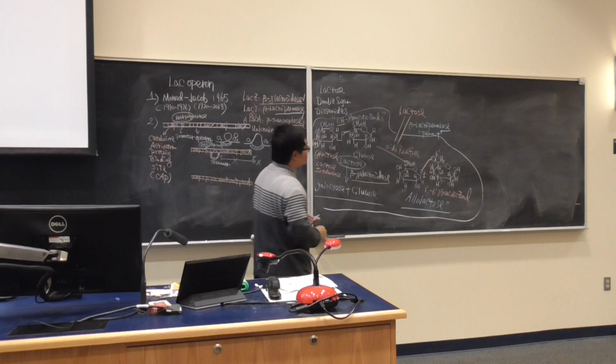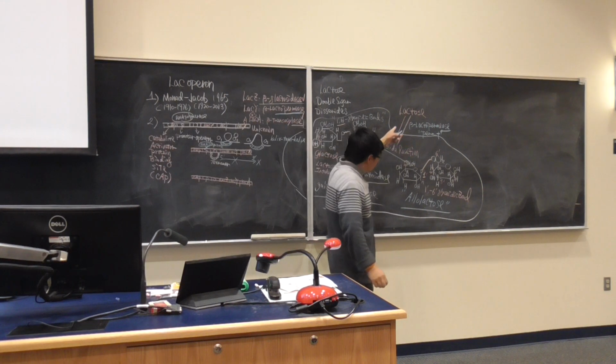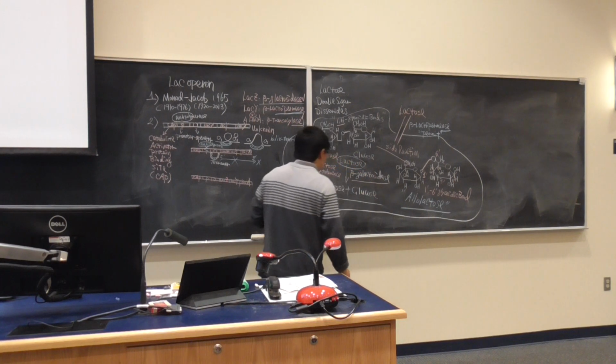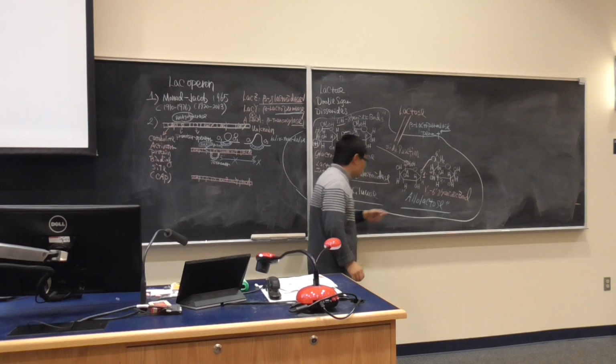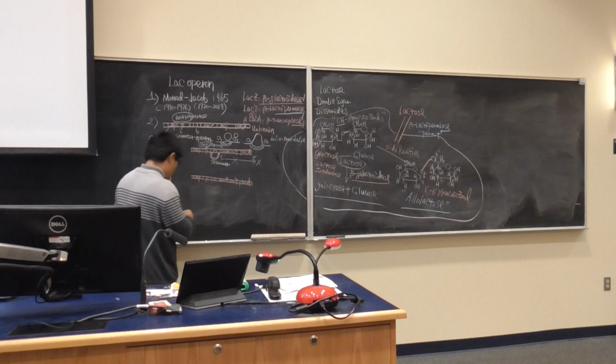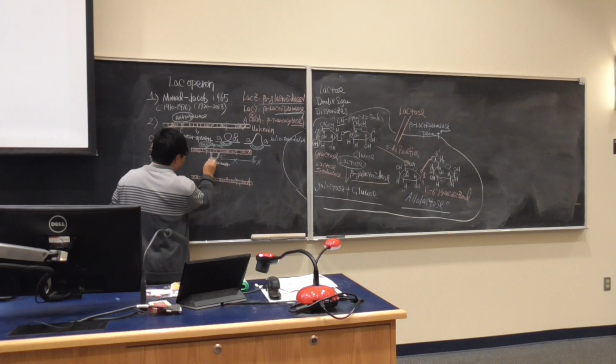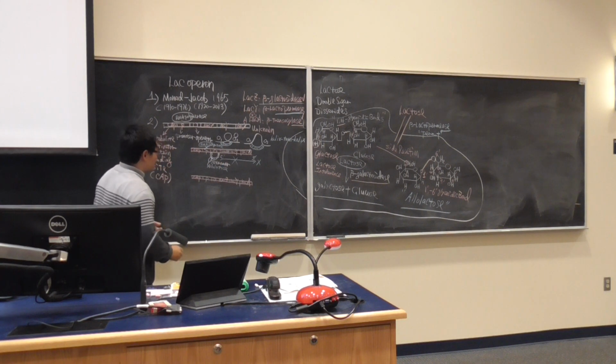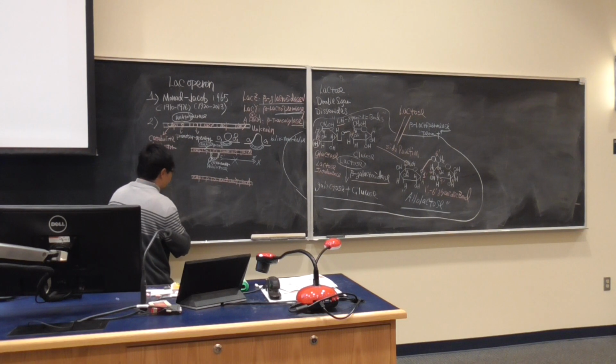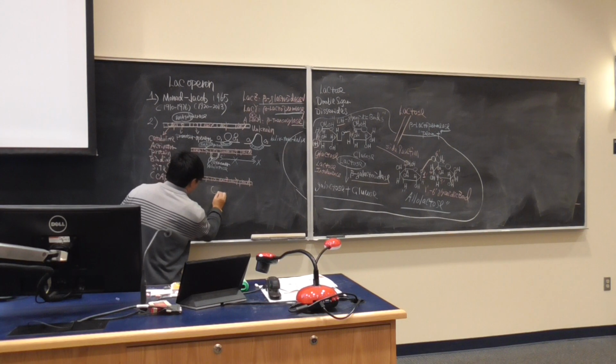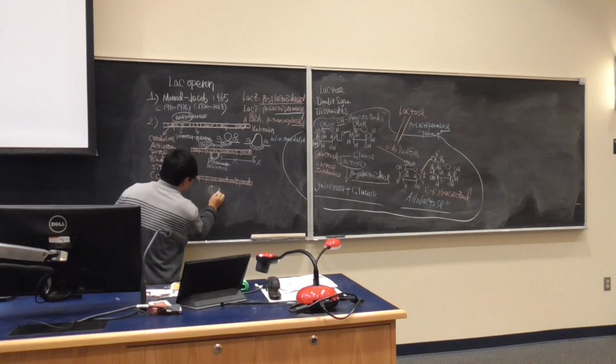Now, if there is a lactose, what's going to happen? When the lactose comes in, the allolactose will be generated. This allolactose will go there. Once the allolactose goes there, it changes the morphology. They may change a little bit.